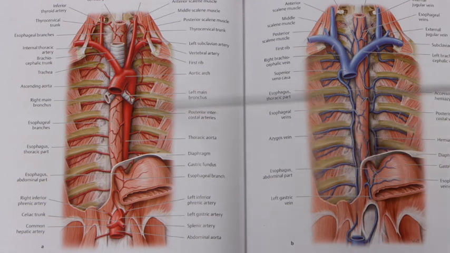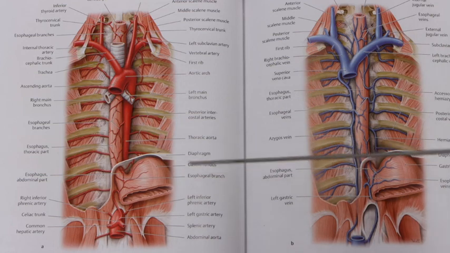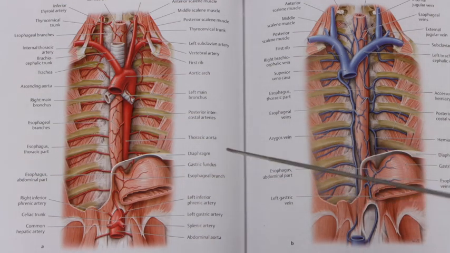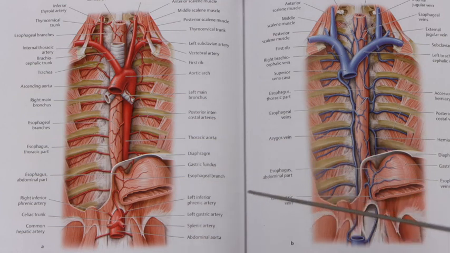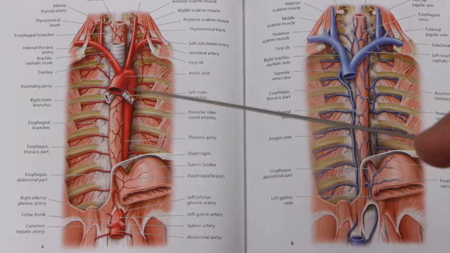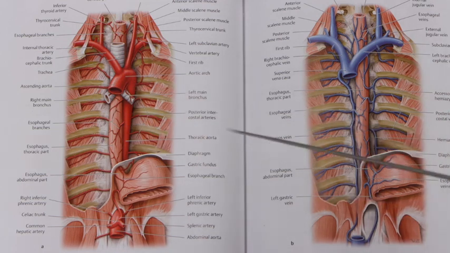It means that they supply the wall structures and the diaphragm, for example. The visceral branches of the aorta usually arise from the anterior side of the aorta, and they are not paired.